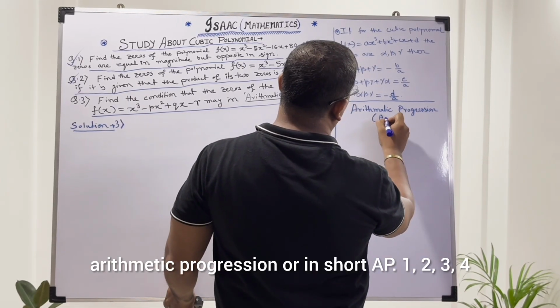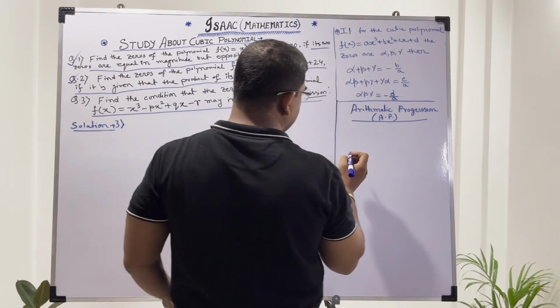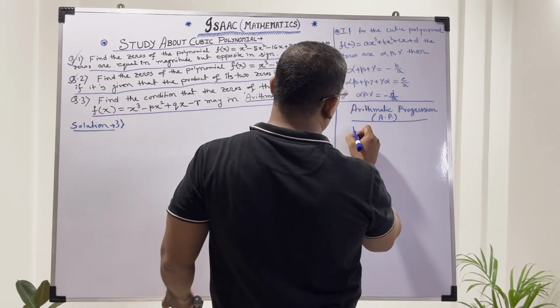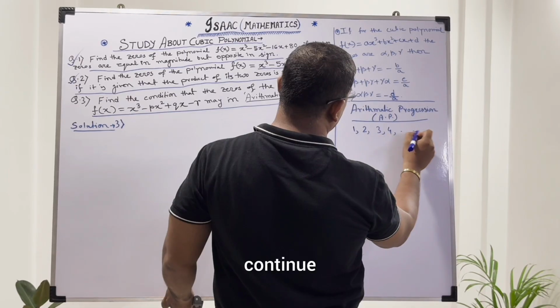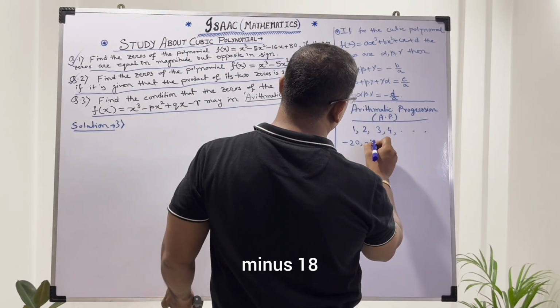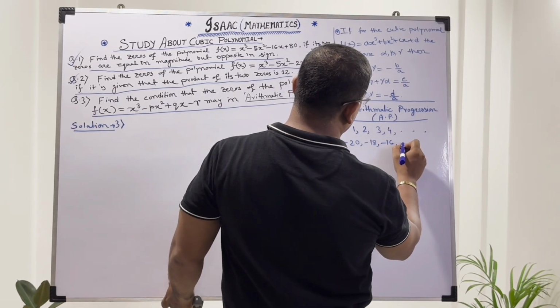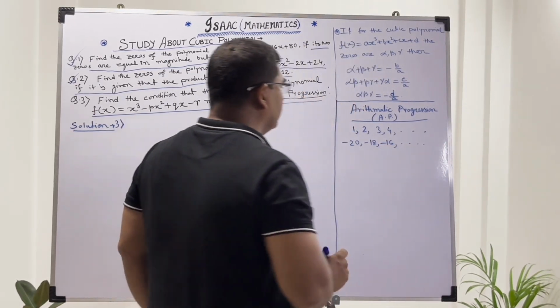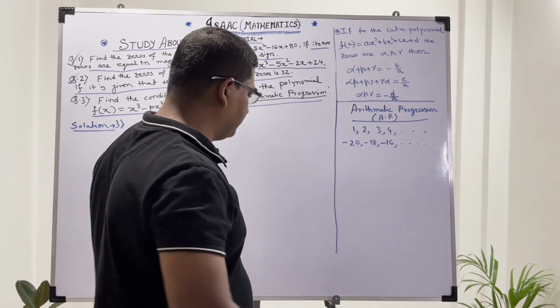Arithmetic progression, or in short AP. 1, 2, 3, 4, continue. Minus 20, minus 18, minus 16, continue. So here we choose two different groups of values.